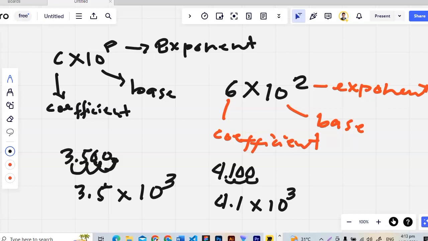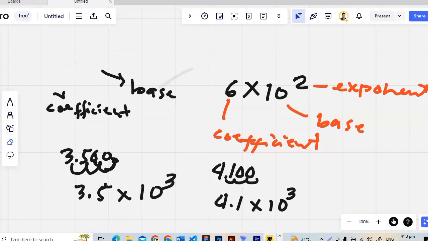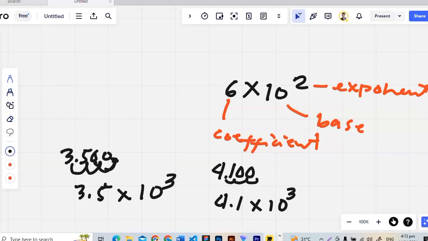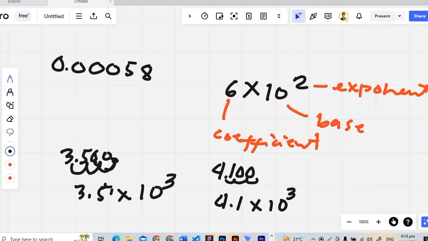How about if I write, okay, let me erase this one first. Okay, how about this one? Change this one to scientific notation.